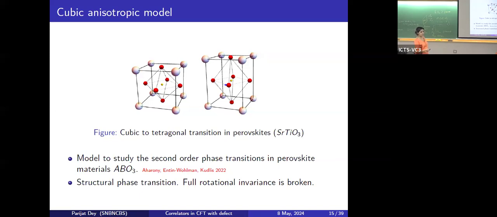The base is still a square, but the length is different from the height. That's why we have this transition from cubic to tetragonal. And during this phase transition, the octahedra rotates around the axis of the cubes. So this kind of symmetry is relevant to study the structural phase transition.